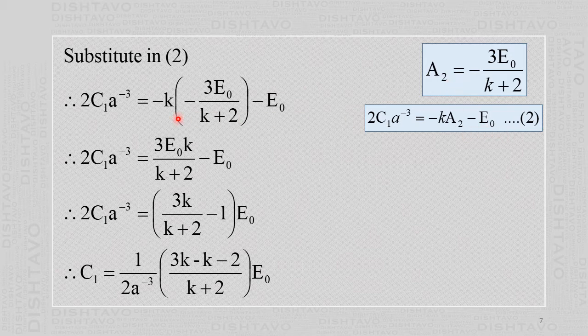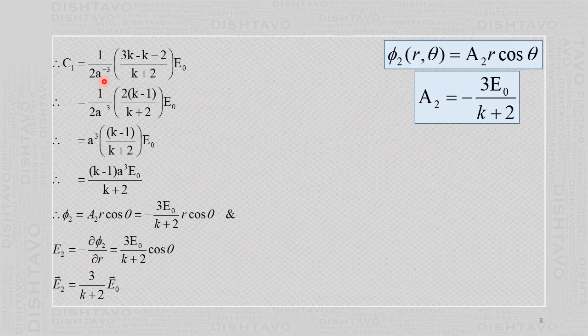So that is, A2 is substituted here. Then simplify it, open the bracket, and you get like this. And then take E naught common here, and then take the LCM, you will get C1 equal to 1 by 2 a raised to minus 3, 3K minus K minus 2 divided by K plus 2 E naught.